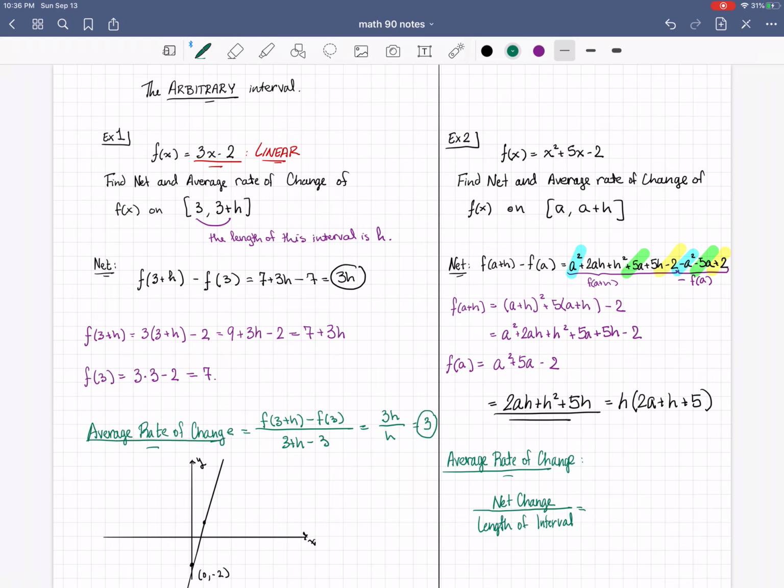Okay, so yes, I don't want to overlook the formal definition. It's f of a plus h minus f of a over h. This is all true. And then specifically for what we found, and this is where the fact that we factored that h out becomes handy.